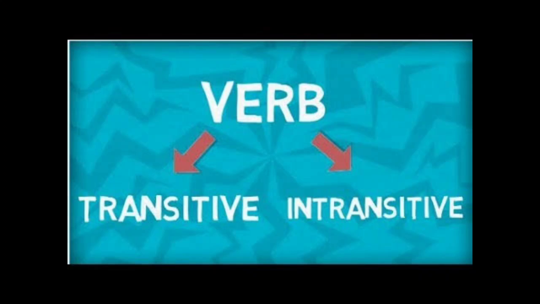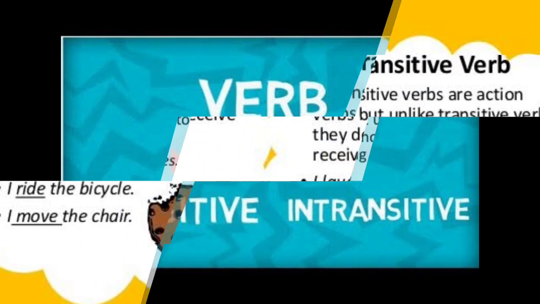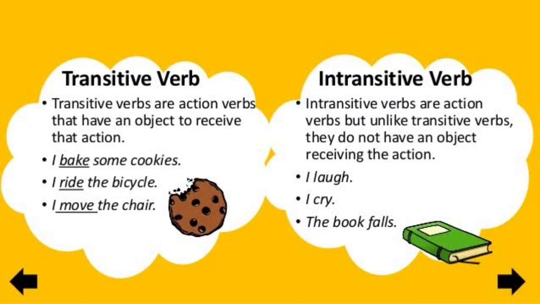Children, let's see in detail about transitive and intransitive verbs with some more examples and definitions. Children, as we saw from the video, transitive verbs are action verbs that have an object to receive that action. Look at the examples given here. I bake some cookies.